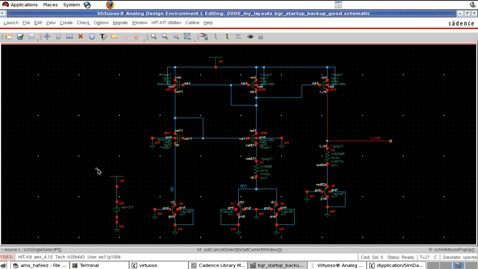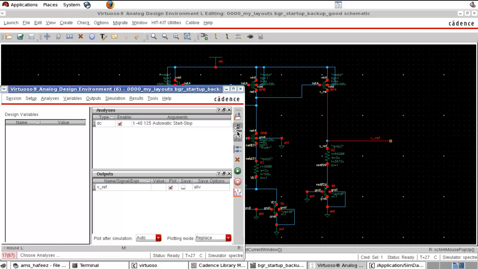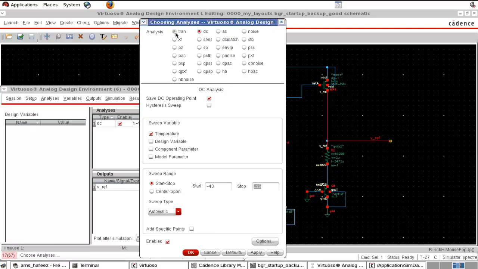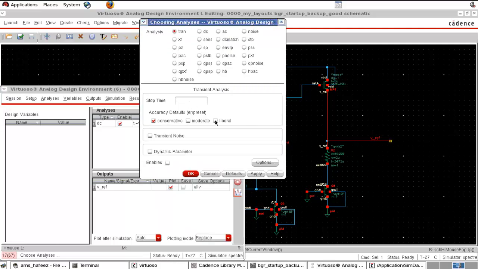So in the DC simulation, the simulator will not show the necessity of the startup circuit. It will automatically avoid the zero current state. So to see the significance of the startup circuit, we said we will do the transient analysis. There is a chance for us to see the issue of startup in the transient analysis.